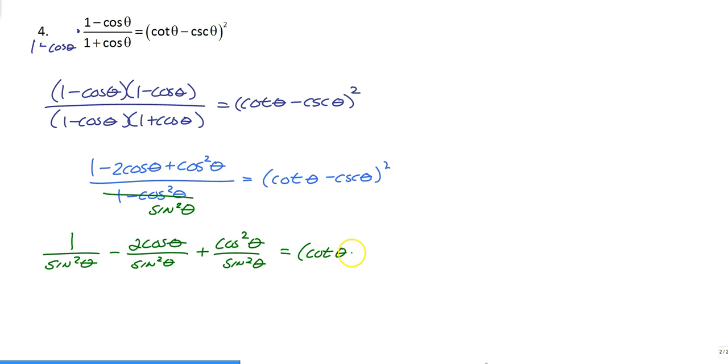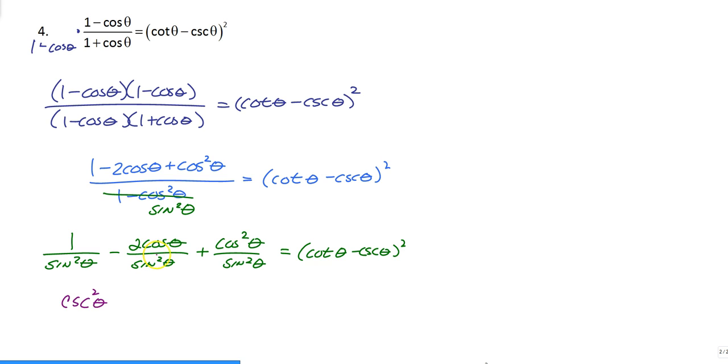So that's going to leave you with cotangent theta minus cosecant theta squared. And this is where some of that's going to happen. We have 1 over sine squared theta, which we know is cosecant squared theta. We've got that guy.